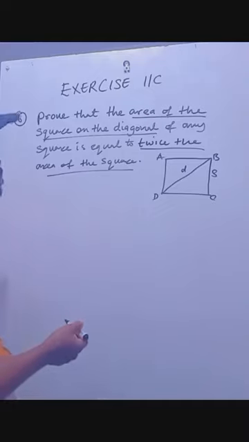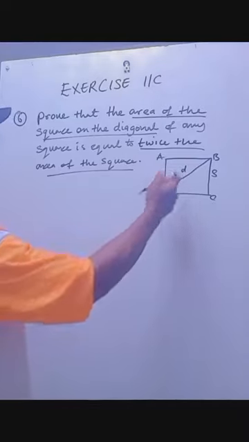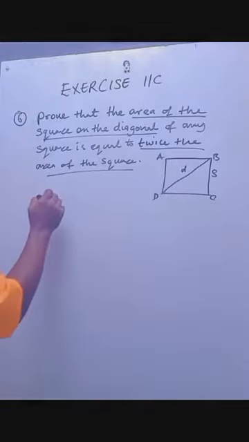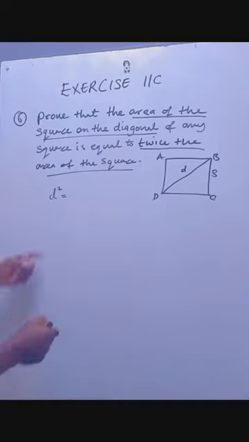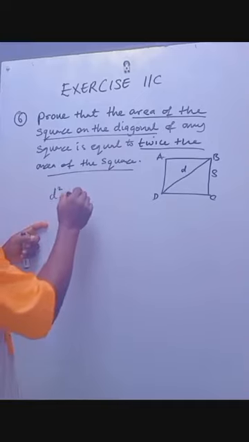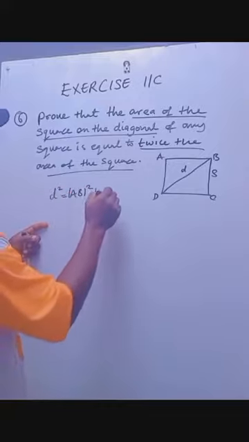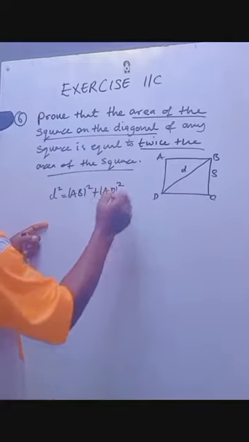Therefore, applying Pythagoras' theorem to calculate for the value of the diagonal, D squared is equal to AB squared plus AD squared.